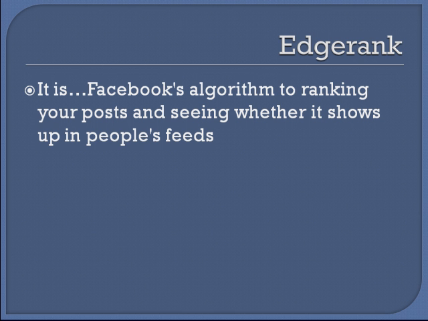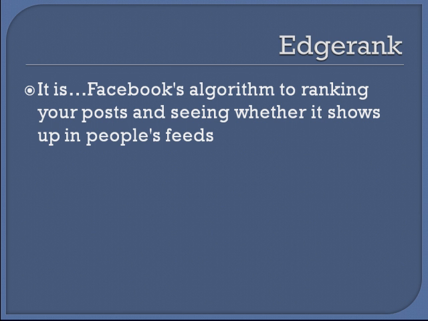And how do you know if a post has a good experience? That is, if some posts get a lot of shares, a lot of likes, a lot of comments, that tells Facebook, hey, this specific post is being recommended by a lot of people. It must be famous.